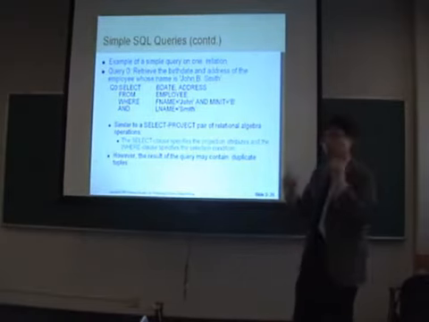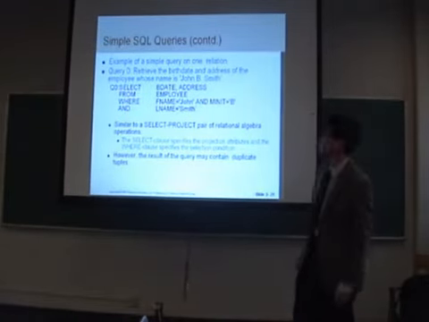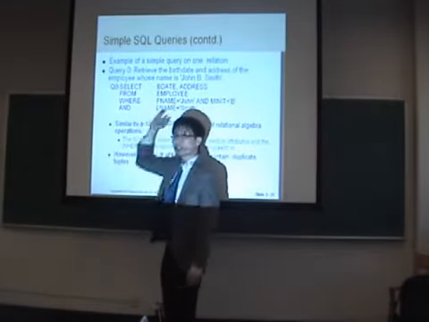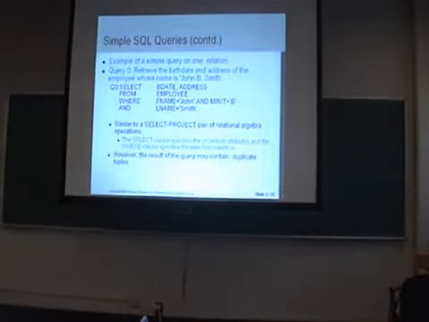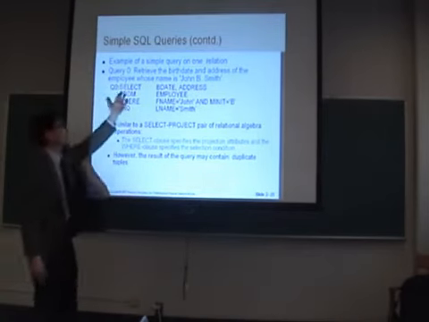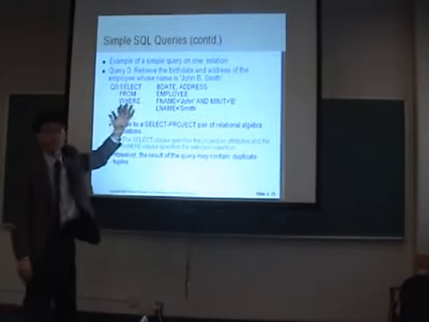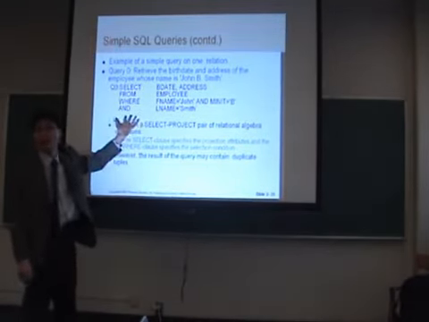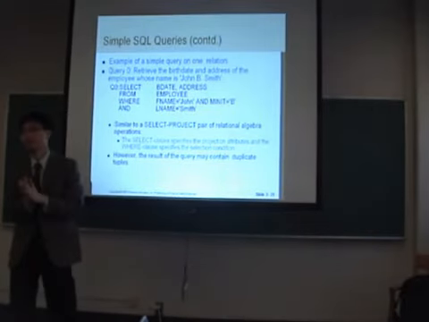And one more thing. There are two more important things. First, is it case sensitive or not? Database queries are not case sensitive. So you can use small letter select, small letter from, small letter where, small letter and, small letter bdate, address, except what?